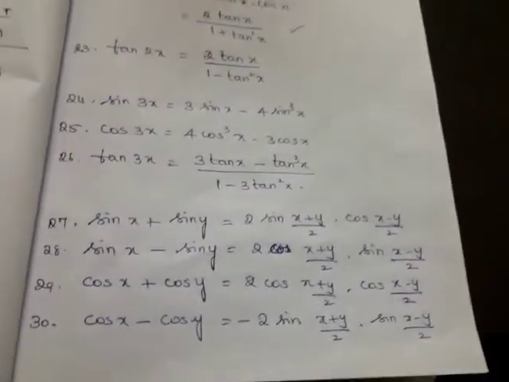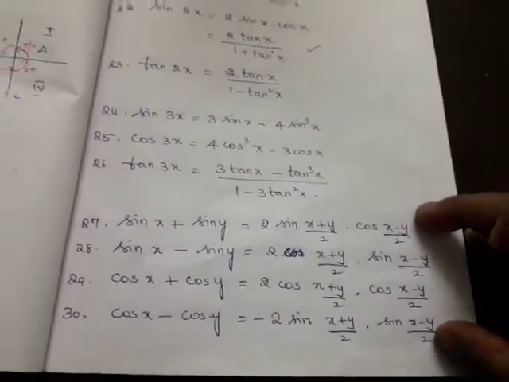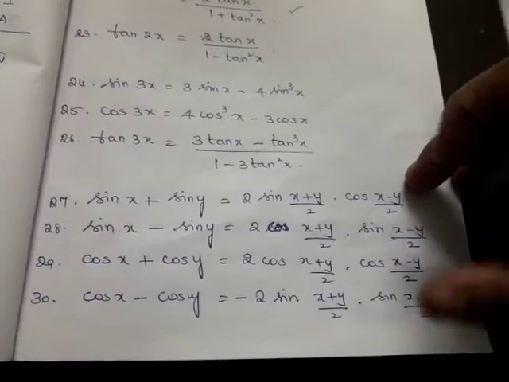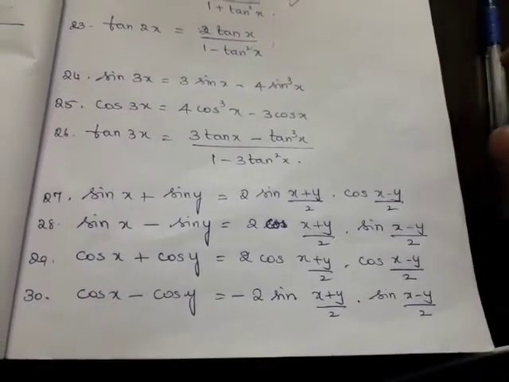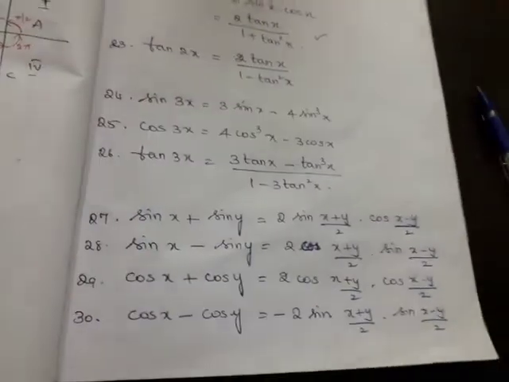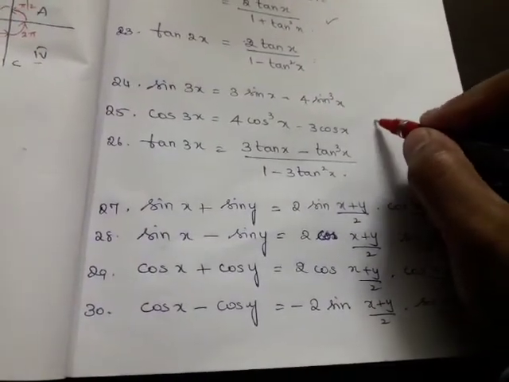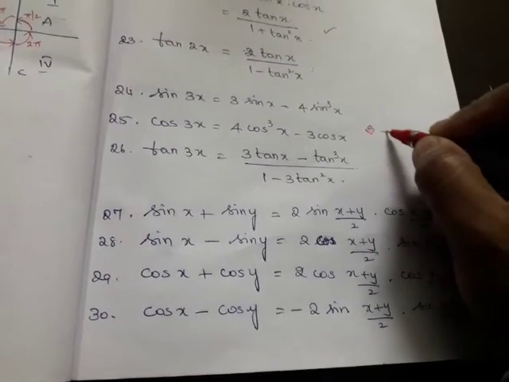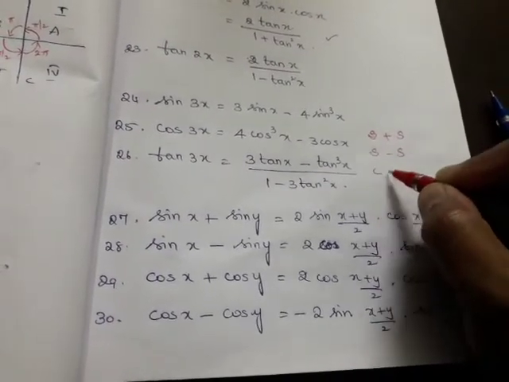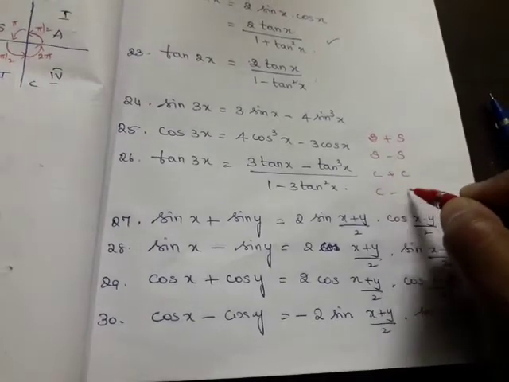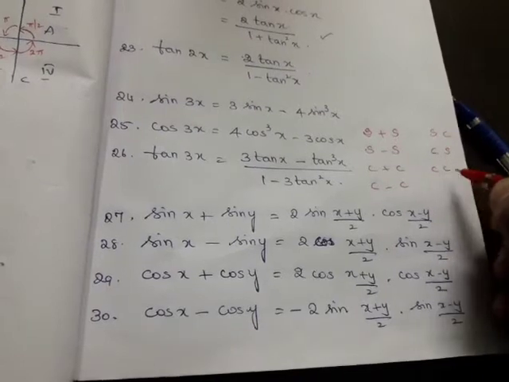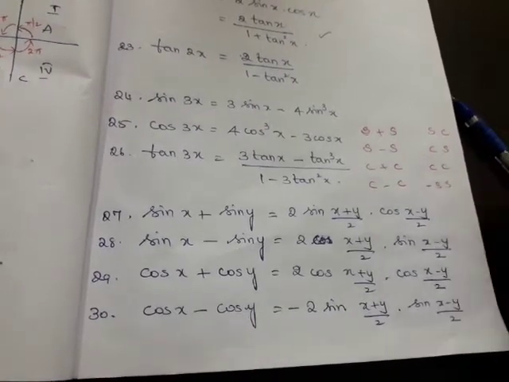Next, come back to the next set of 4 identities. For this I will give you a clue on how you can remember. You can remember it like a song. S plus s, s minus s, c plus c, c minus c, s c, c s, c c, s s minus.